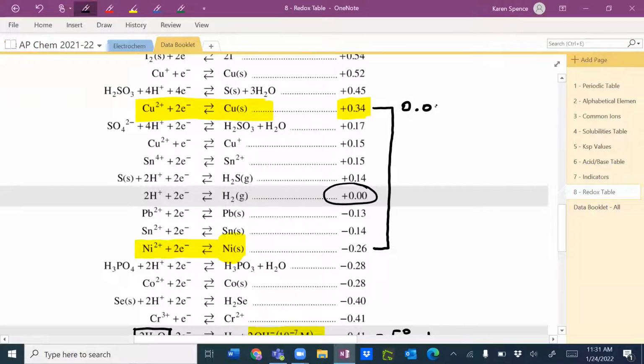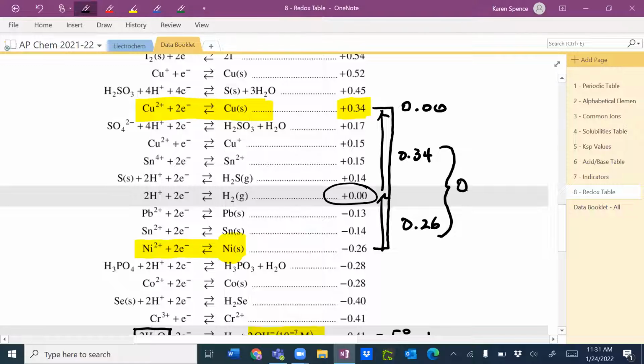So if we put 0.00 here, well, the difference between these two, we have 0.34 and we have 0.26. And if we add the two of those, 0.34 plus 0.26, yes, I'm using my calculator because my brain is just not that functioning today.